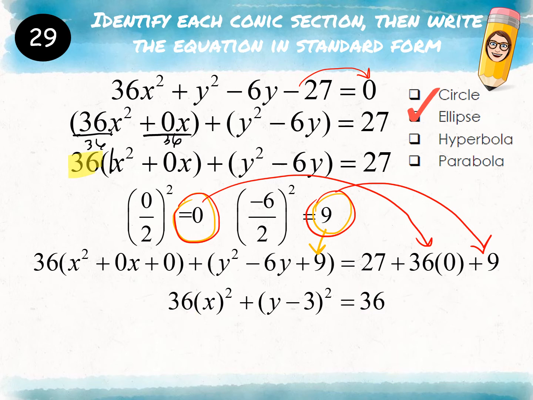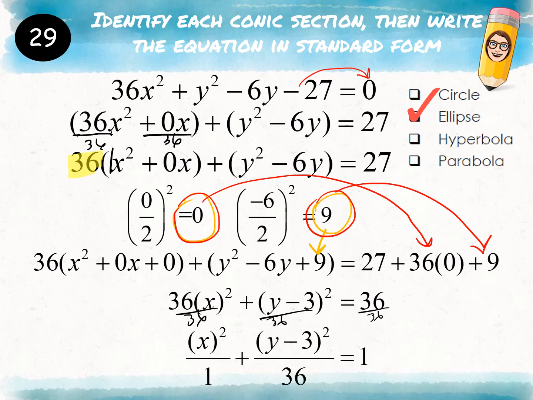If I want it to equal 1, as we have in the past, I'm going to divide every piece by 36. Remember when we did that with ellipses? So if I do that, I get a denominator of 1, a denominator of 36, and I get my nice clean 1 on the right. I know, this is intense. This is going to take some practice.